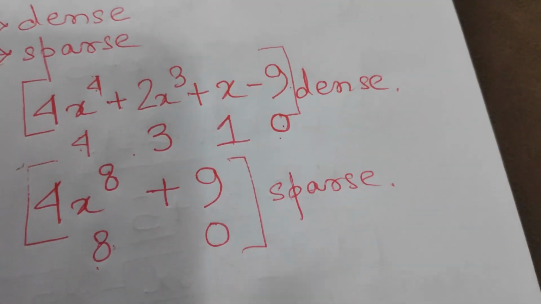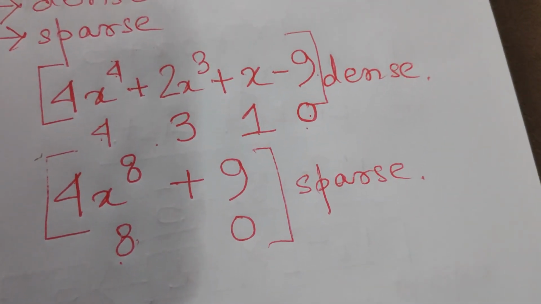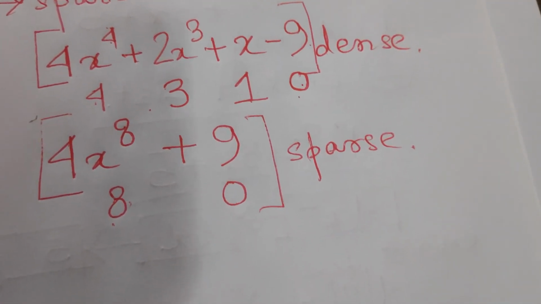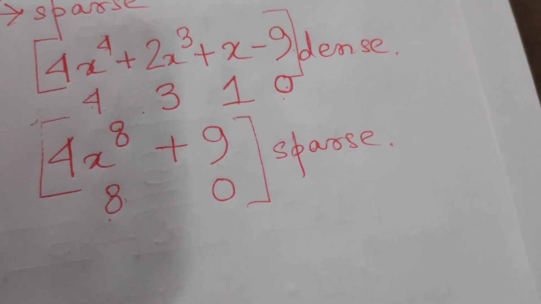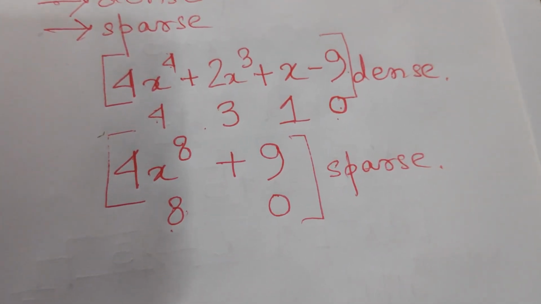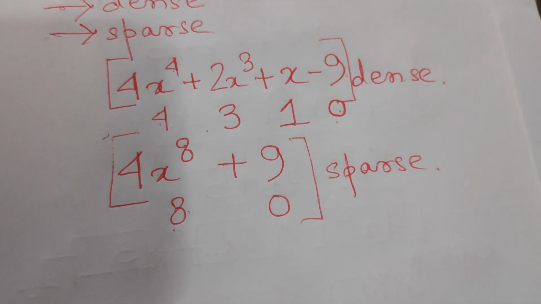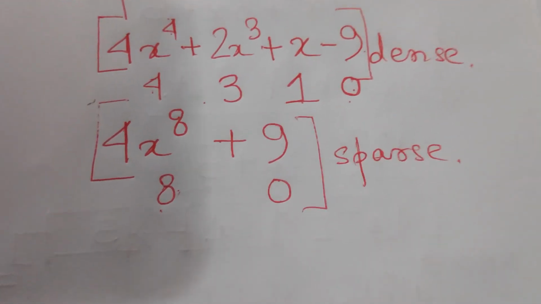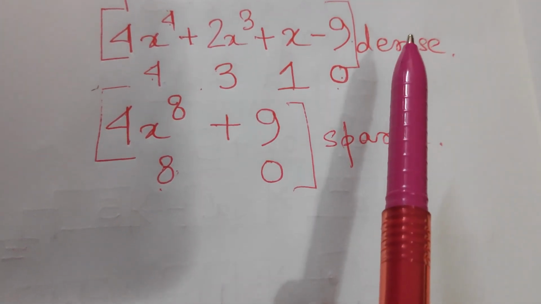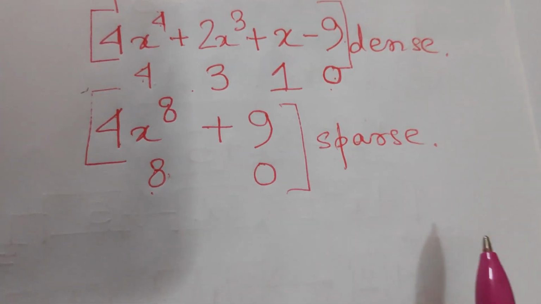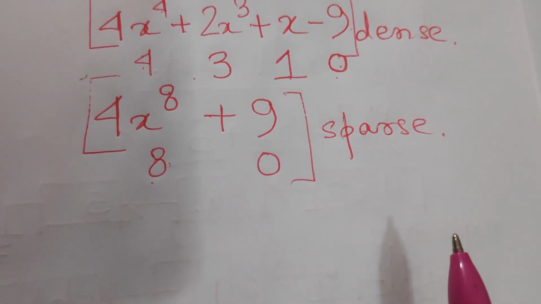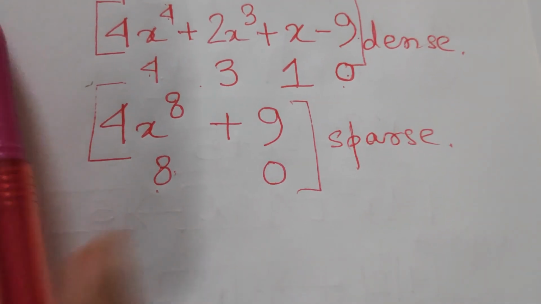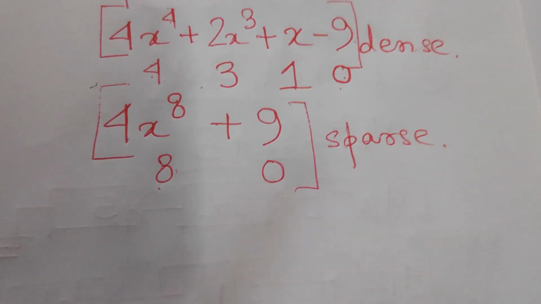So when most of the exponents of the range are missing, we call that sparse, and if most of the exponents of the range are present in the polynomial, then it is called a dense polynomial. Now when we are using the linked list method to represent a polynomial, it does not matter whether the polynomial is dense or sparse, because each term is represented using a node.